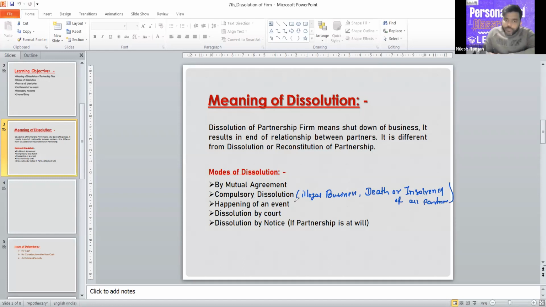In happening of an event, completion of term. Dissolution by court means misconduct or fraudulent activity. So like these things are the examples. So these are the modes of dissolution.